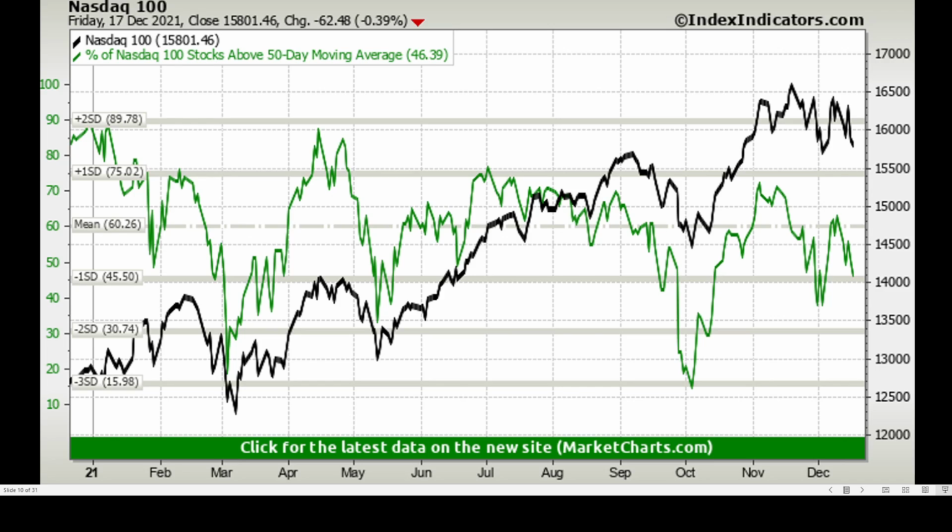Now let's move on to the NASDAQ. We see the percentage of NASDAQ 100 stocks above their 50-day moving average. That too is rolling over as it hit the mean and came down, now at a -1 standard deviation to the downside, again leading the NASDAQ 100 down as a smaller number of stocks hold this whole index up. Keep in mind that when it hits these -1 or -2 standard deviations, you often find some buyers.